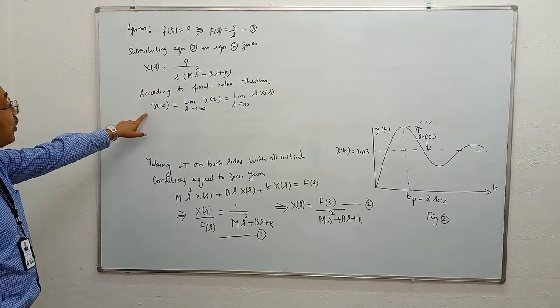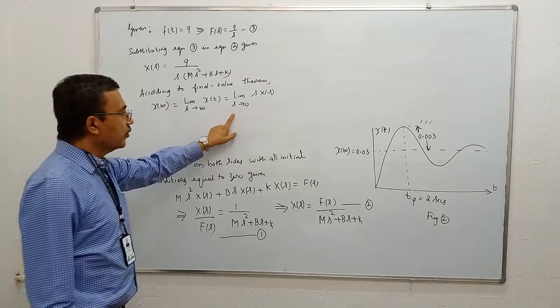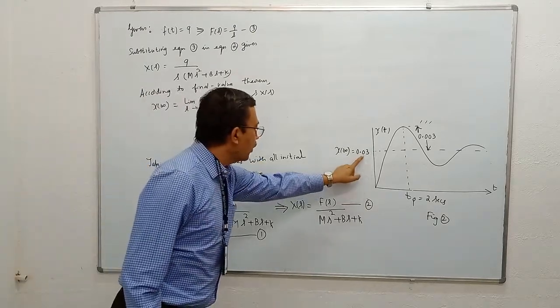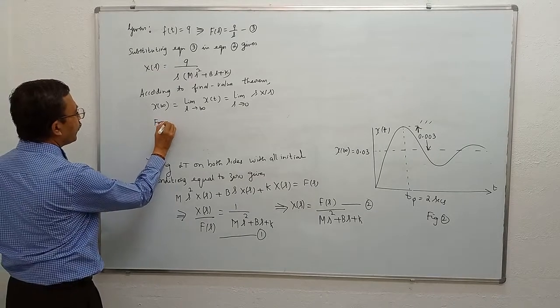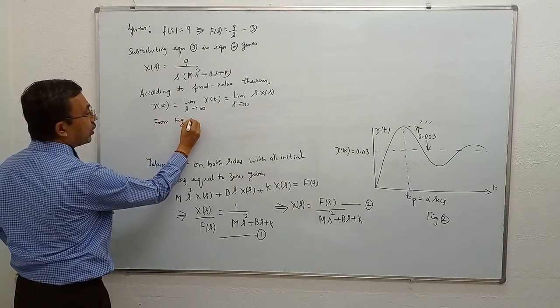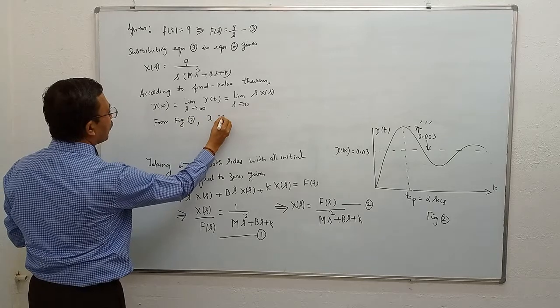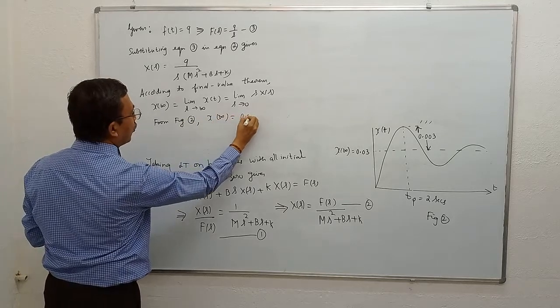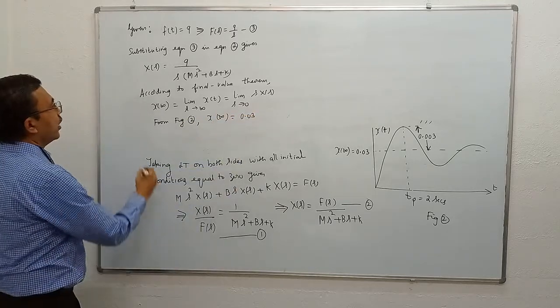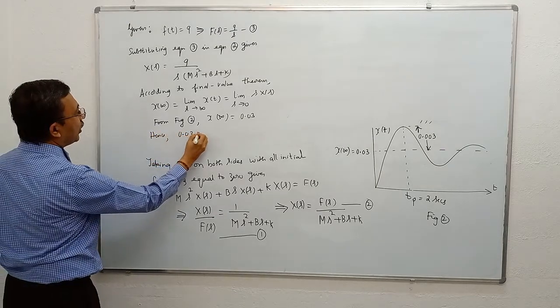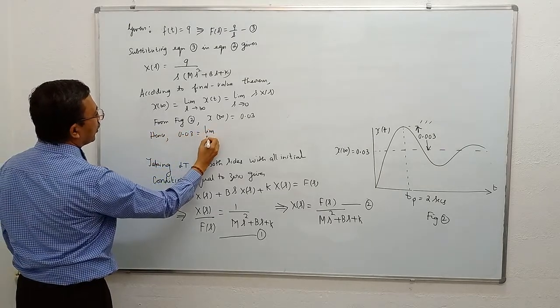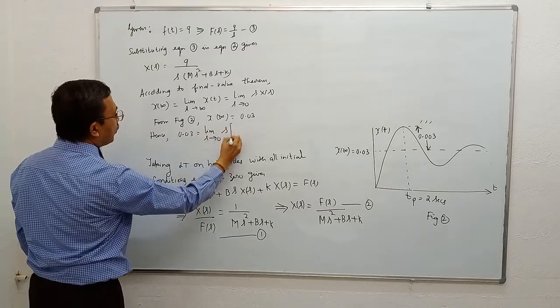This is the statement of final value theorem. From figure 2, x of infinity is 0.03. Hence 0.03 is equal to limit s tending to 0, s into x of s.